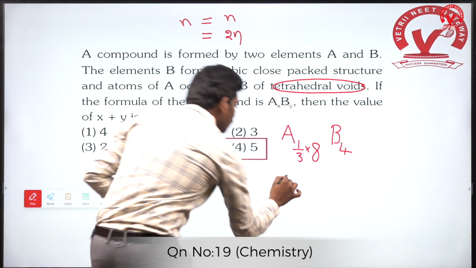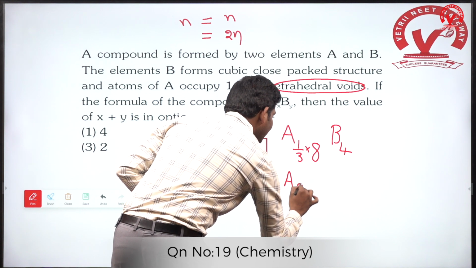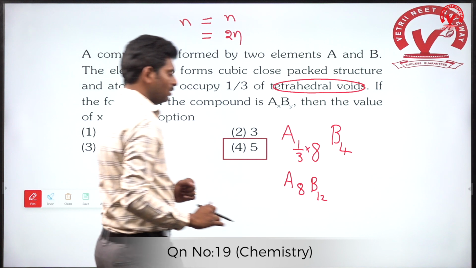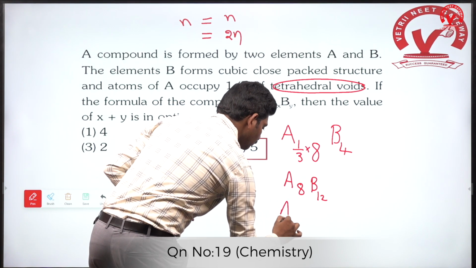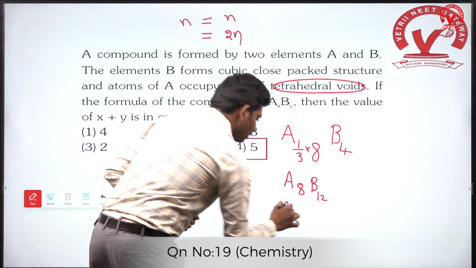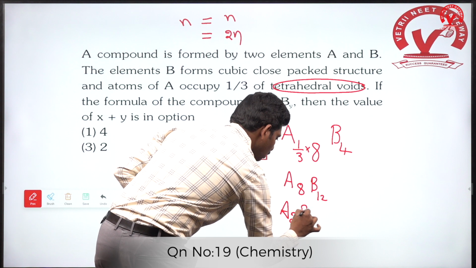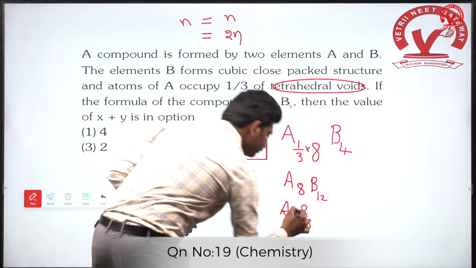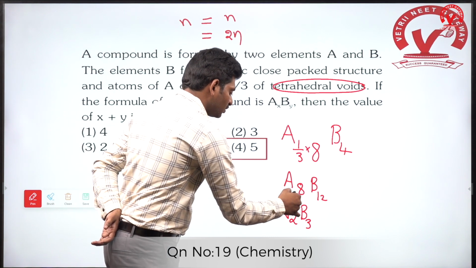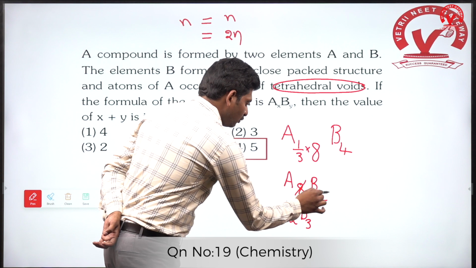So A8, B12, means 3 into 4 is 12. Then you can simplify: 4 twos are 8, 4 threes are 12. So A2B3 is formed.